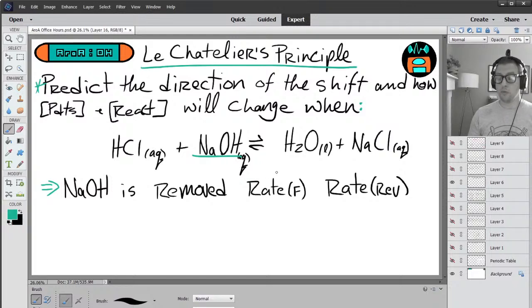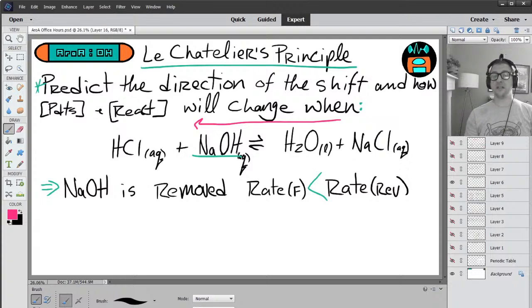So removing sodium hydroxide is going to make the rate of the forward reaction less than the rate of the reverse reaction. And so this equilibrium will experience a shift to the left, because all of a sudden the forward reaction is slower, the reverse reaction is faster, and so it's going to force material to the left of this reaction.